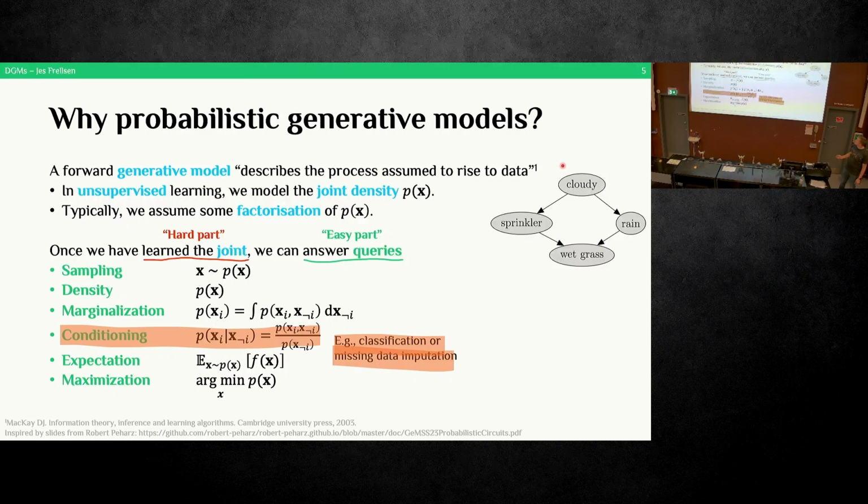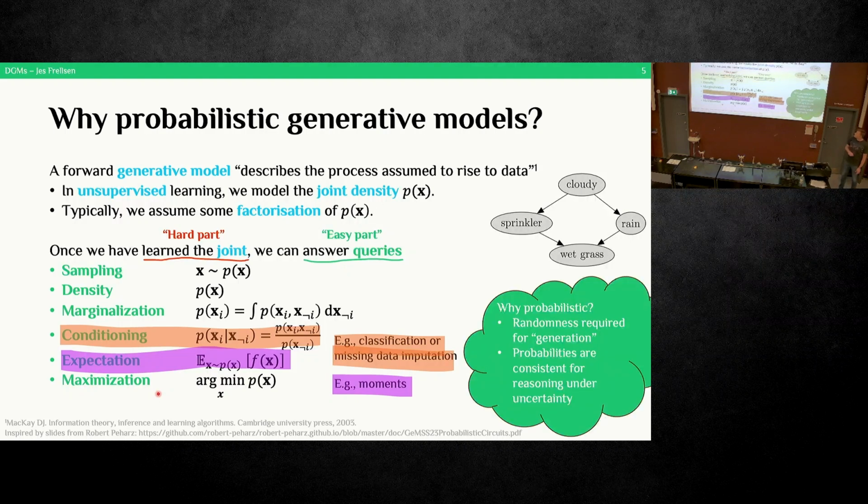We could fill in missing values for the sprinkler if we know the rest of the variables. We can calculate expectations, which could be for moments, like the mean of the distribution, and we can also do maximization. The idea is that we learn the joint distribution, and then once we have it, we can answer all these queries.